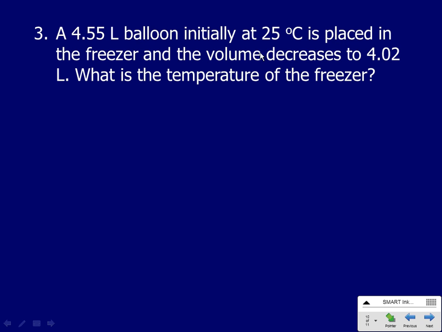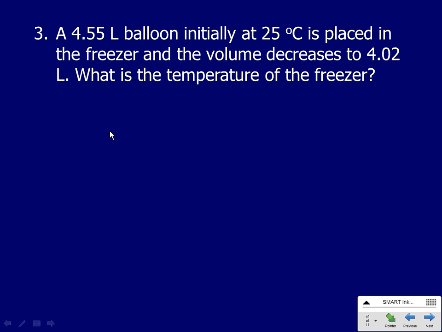So let's look at this one, and I want to deal with this one because we're looking for a temperature, and that's a little different than the last one. Okay, I'll only do two.